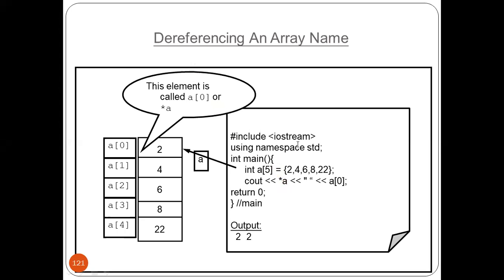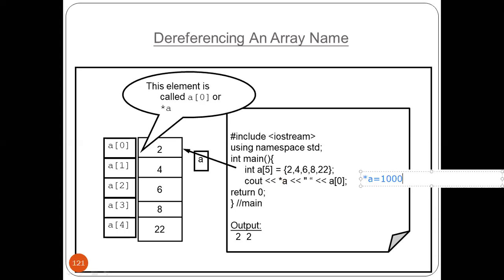Let's say star a has the address location 100; print the contents of this address location. Try to get the difference. Here the value is 2, right? So if I print just a, what will it do? It will print the address location as output.